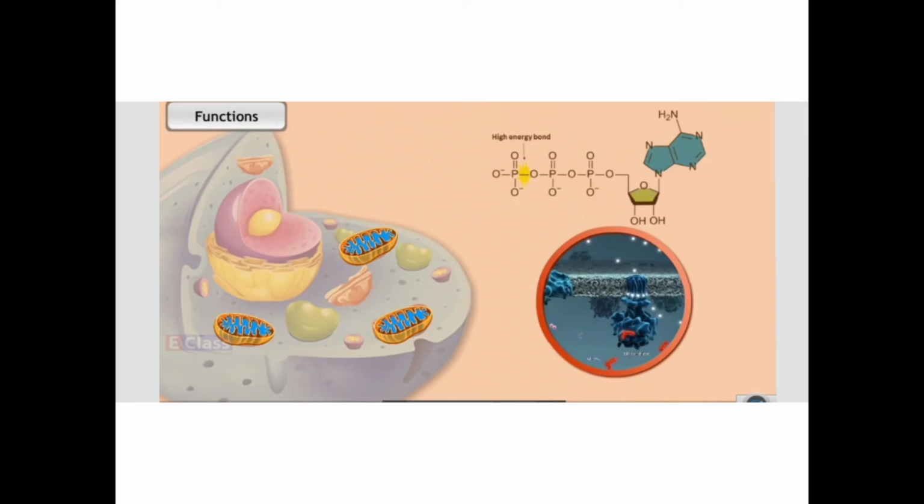So I repeat, the first function is to produce the energy rich compound ATP, and the second function is synthesis of protein, carbohydrates and lipid. Lipid is nothing but the fats part. Okay, with the help of ATP. Clear?